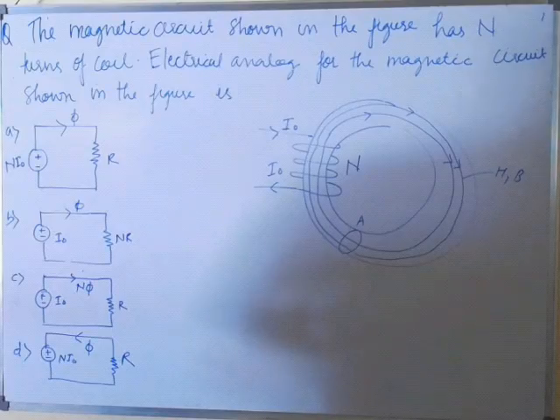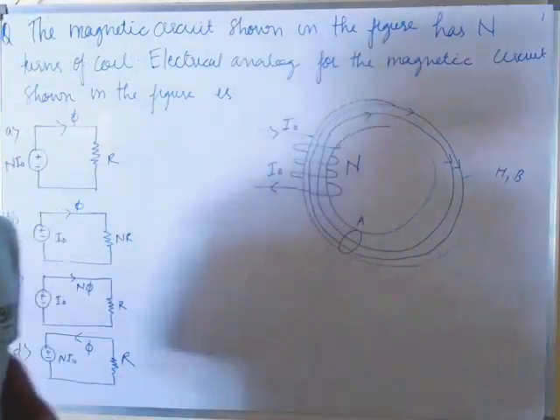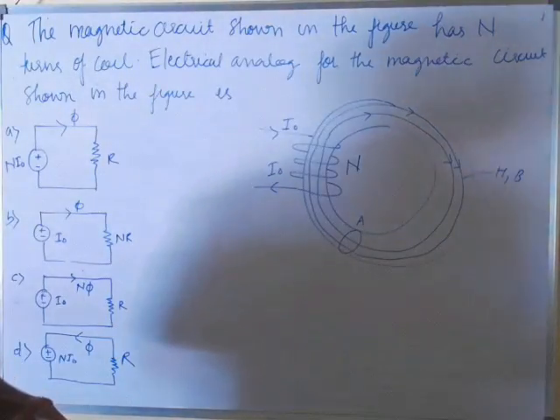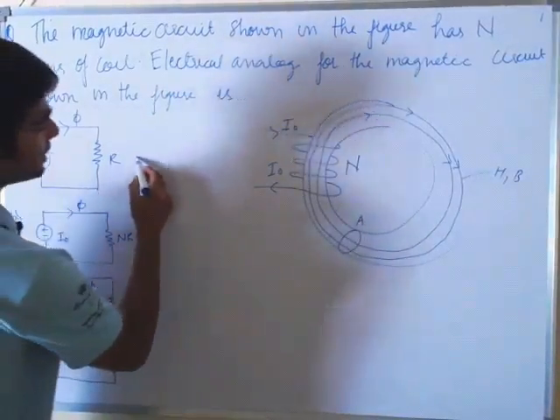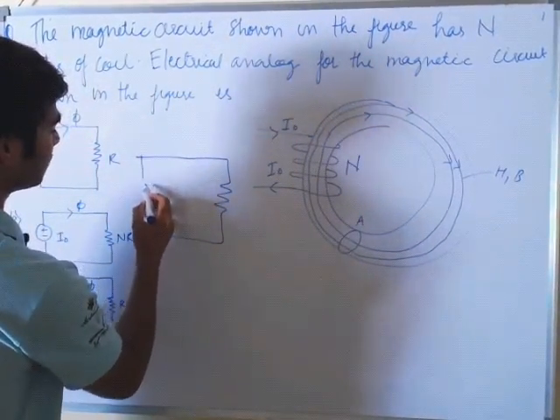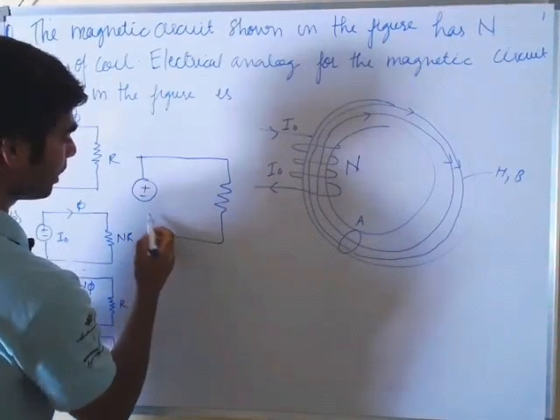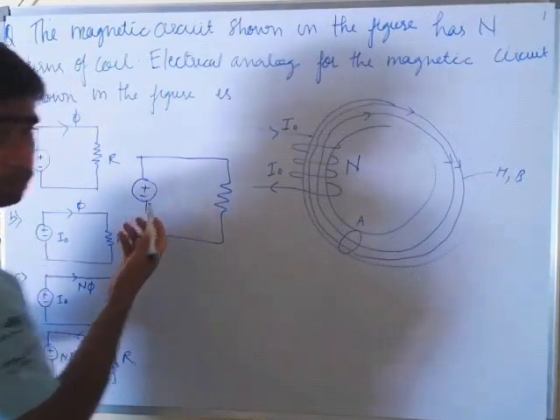Analogous means similar. Friends, we know that magnetic circuits and electrical circuits are very much analogous, similar to each other. So in a basic electrical circuit, what are the required basic parameters to draw the electrical circuit? We need a voltage source.